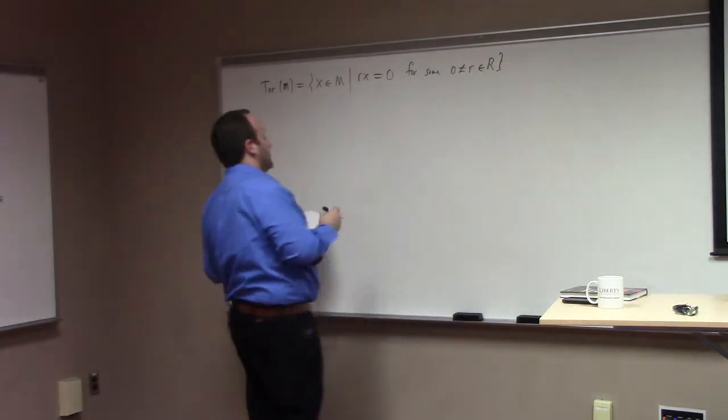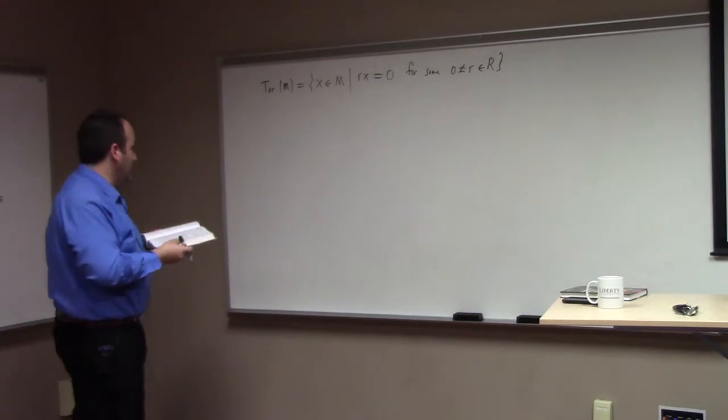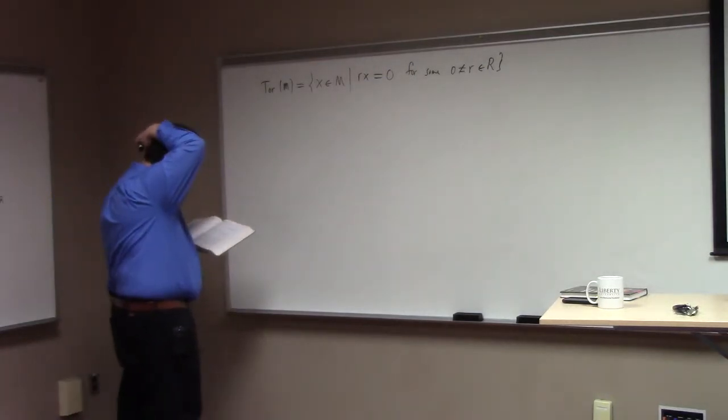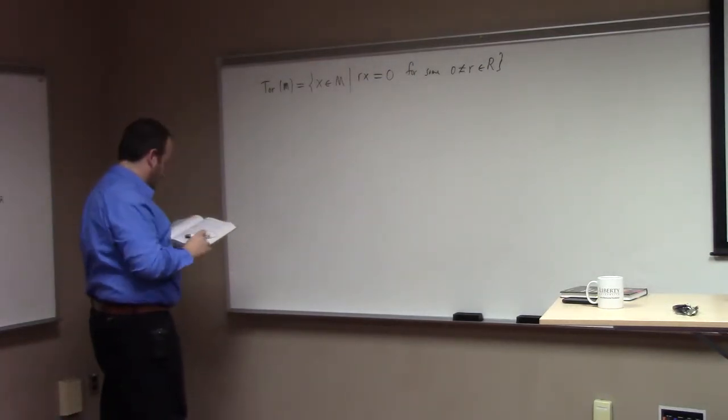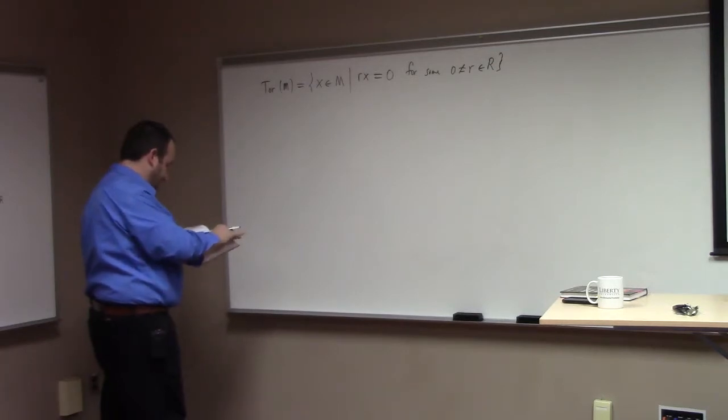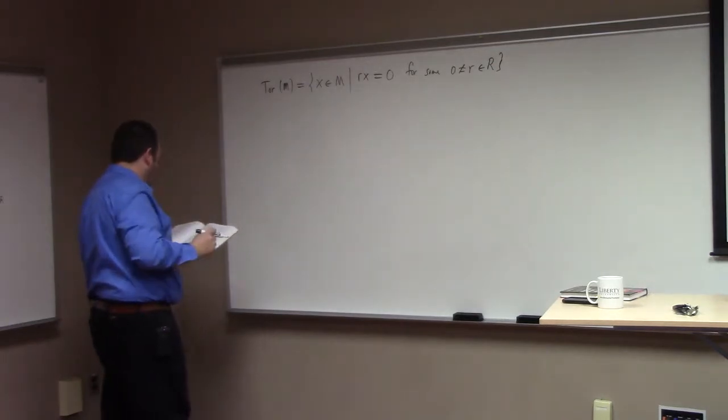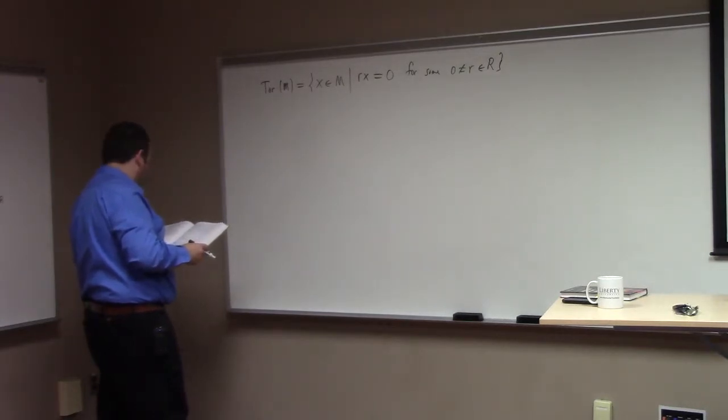It's the so-called torsion of the R module. Now, he does assume here that R is an integral domain, all right? And so that's the torsion.